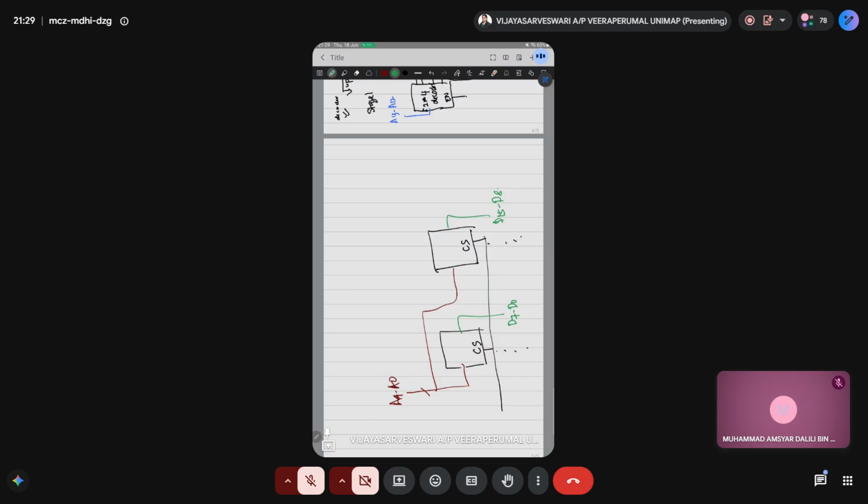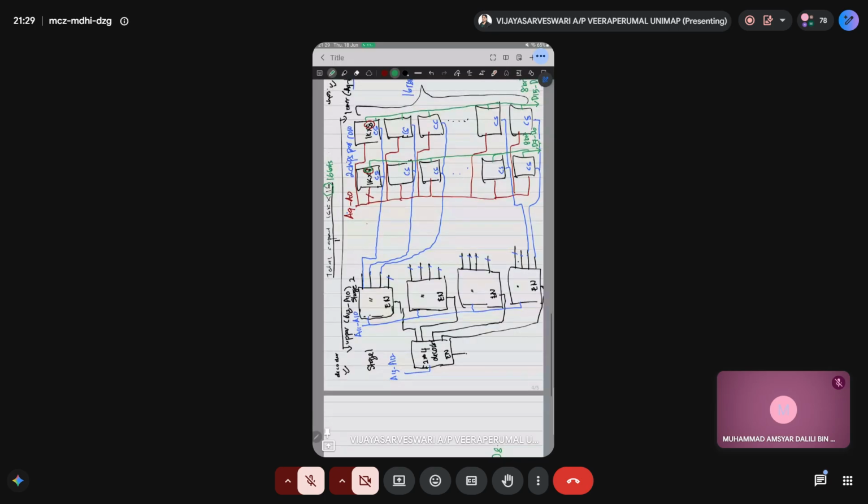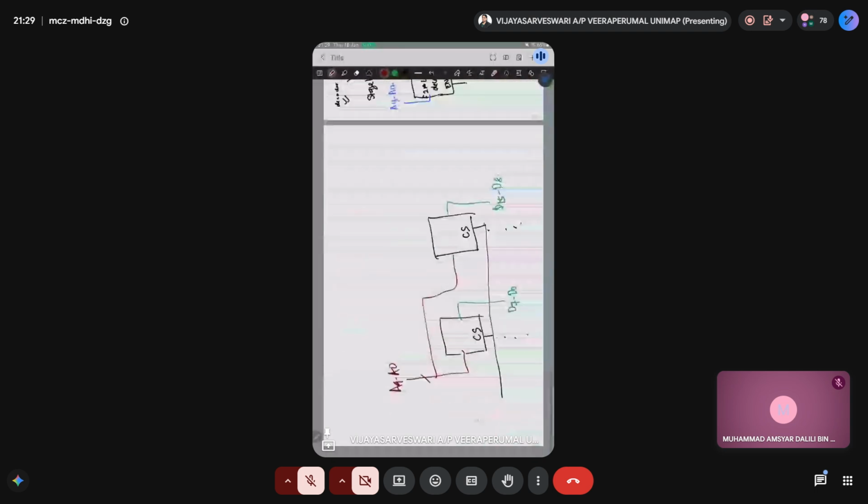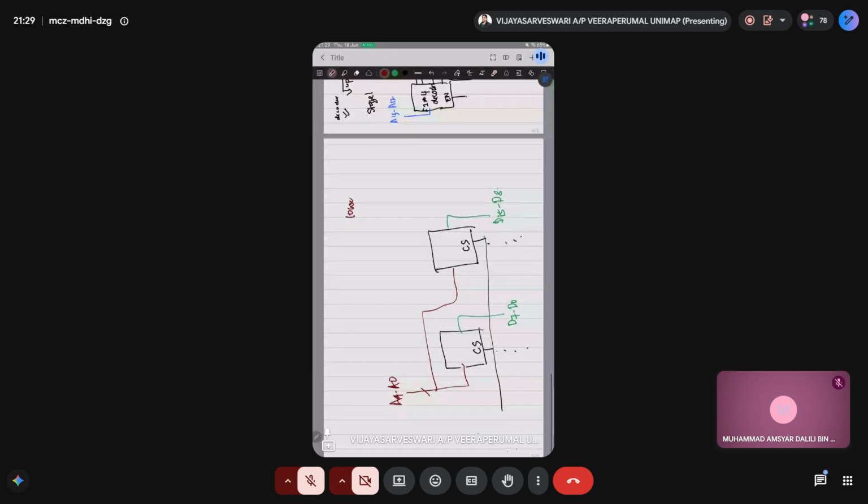Yang bawah-bawah ni semua yang sama, so I just want to show this part, the lower bit. Dekat you punya lower bit is A9 to A0 sahaja, the first row sahaja.